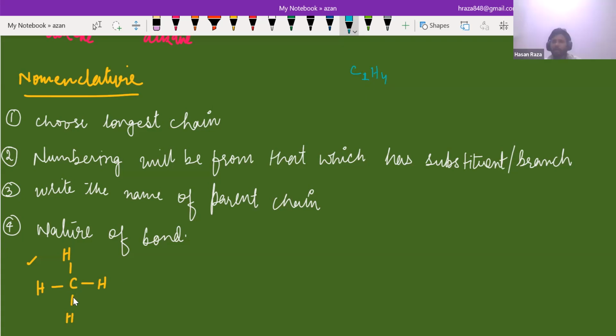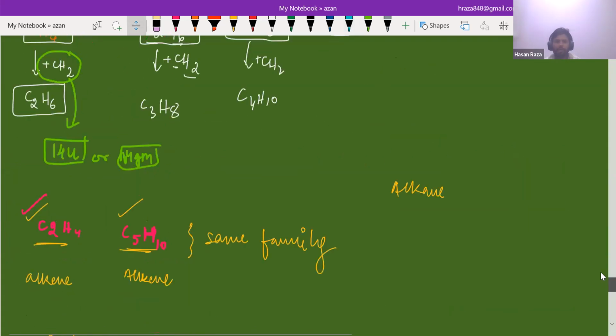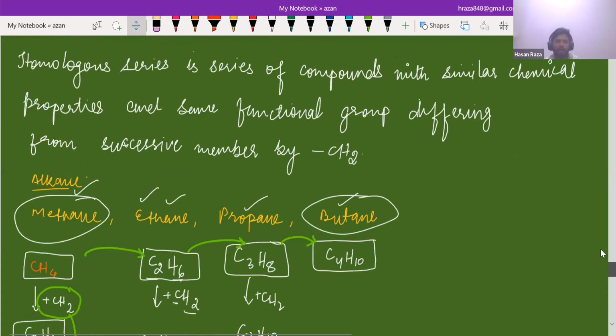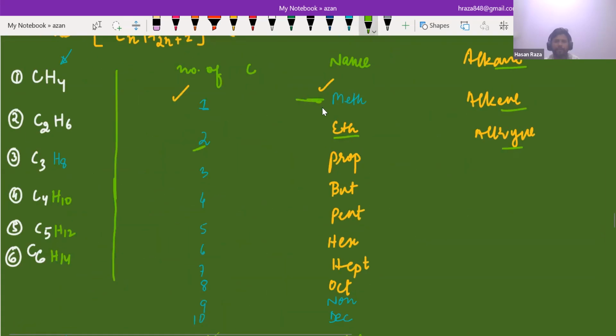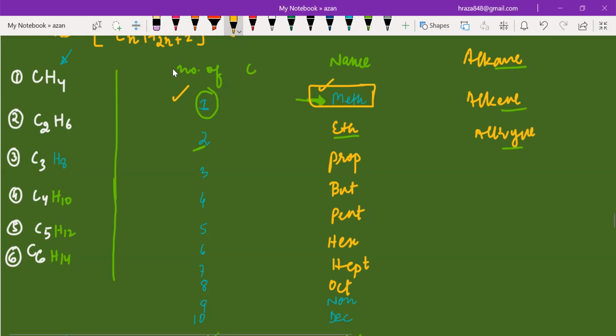For one carbon, what is the name? I had taught you in the previous class that for one carbon, what is the name? You have to remember this.